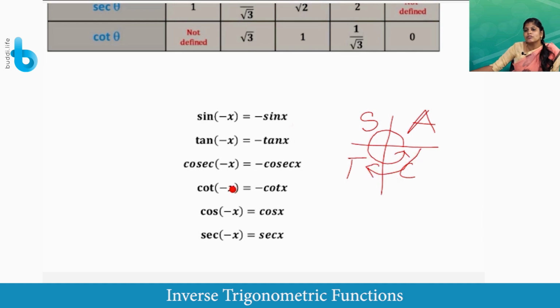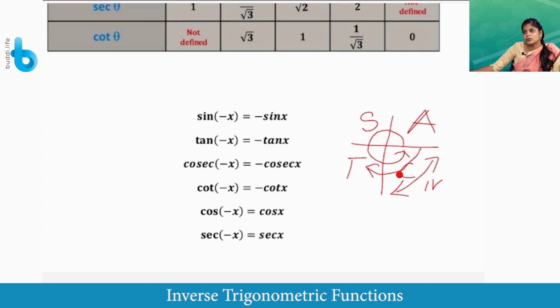To find the trigonometric values, the angle should be an acute angle. The negative angle starts here, and the acute angle will fall within this range. So in this fourth quadrant only, your angle is negative.